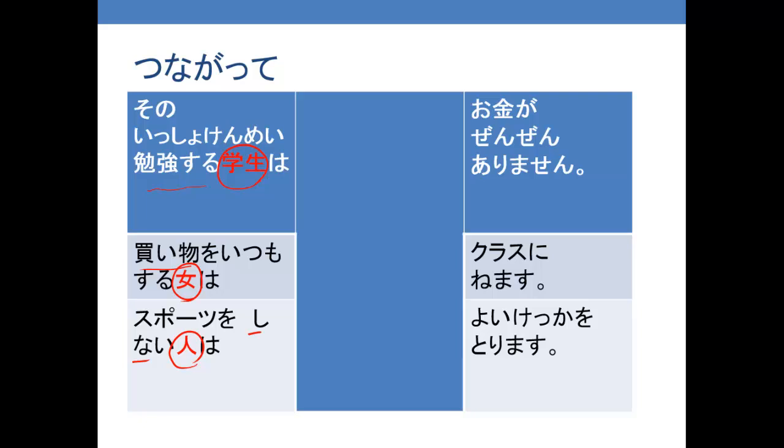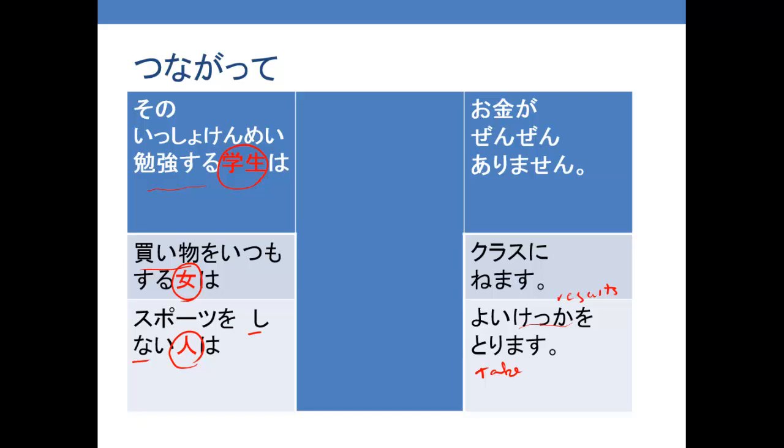For our potential answers, we've got お金が全然ありません, so they have no money. クラスに寝ます, in class they sleep. And 良い結果, kekka means results. I'll put that on the screen for you. 良い結果を取ります, to take results is the Japanese translation rather than to achieve results.